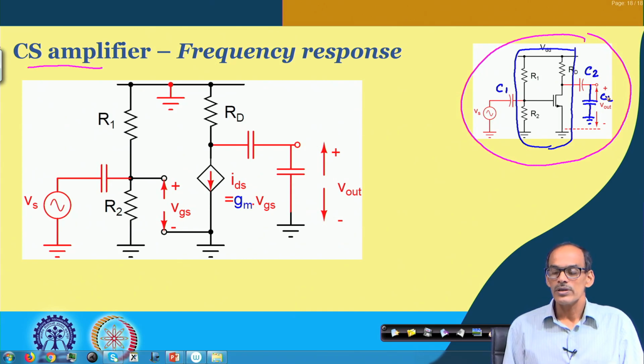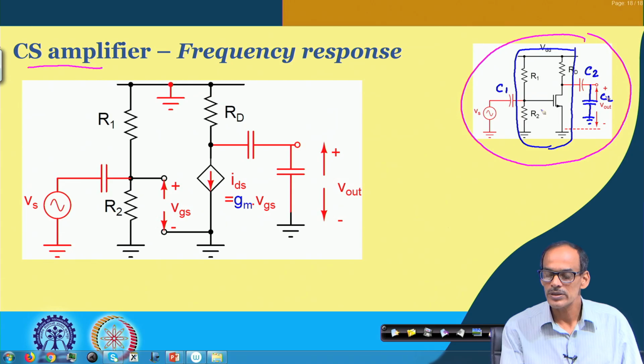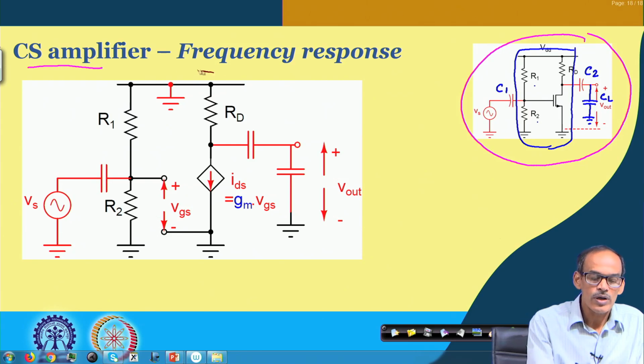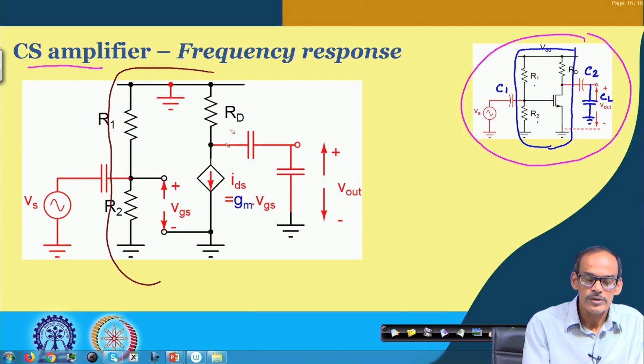Now, if we draw the small signal equivalent circuit after obtaining the operating point and other things defined by R1, R2, then VDD and then RD, what we obtained in our previous discussion, at the middle we got the main amplifier circuit.